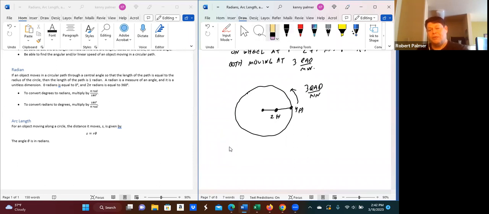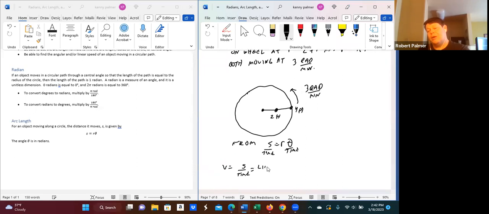Let me say this. From S equals R theta, start from that point, divide them both by time. We divide S and theta by time, then let's call this V equals S over time.